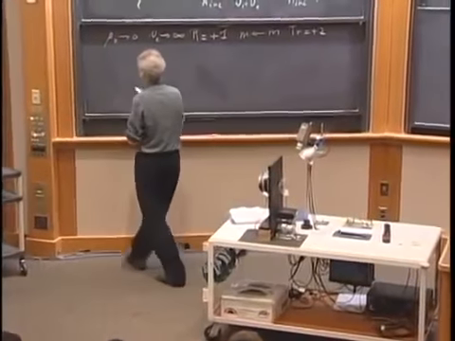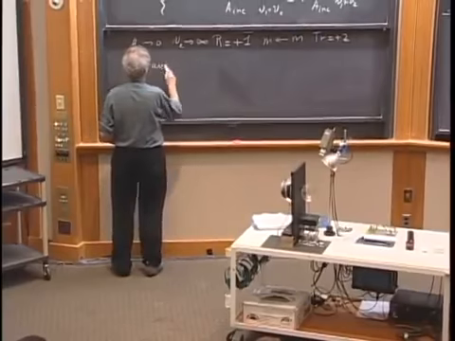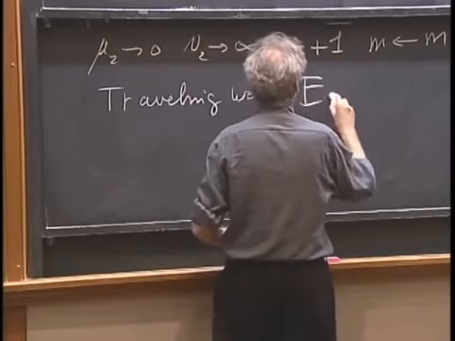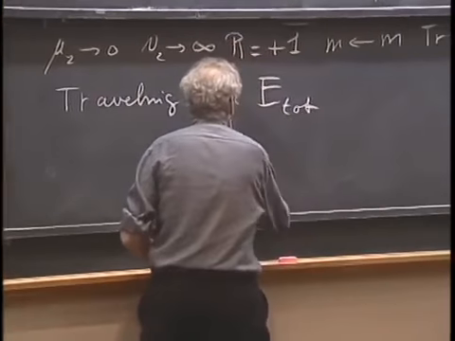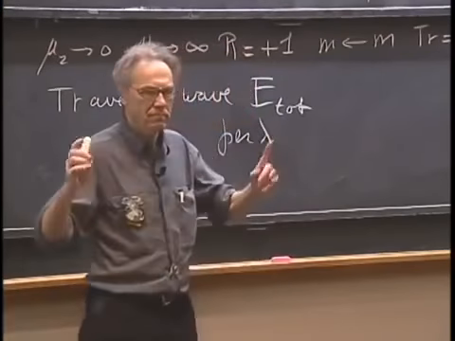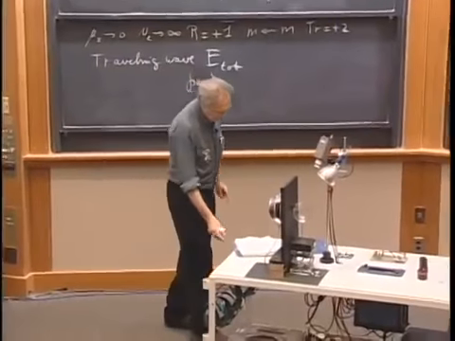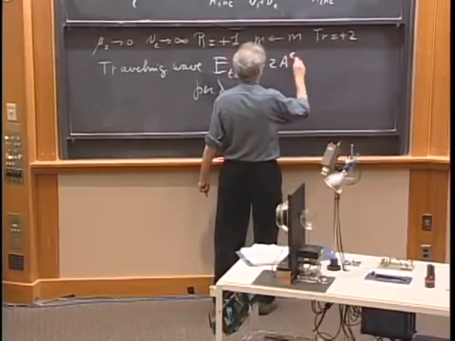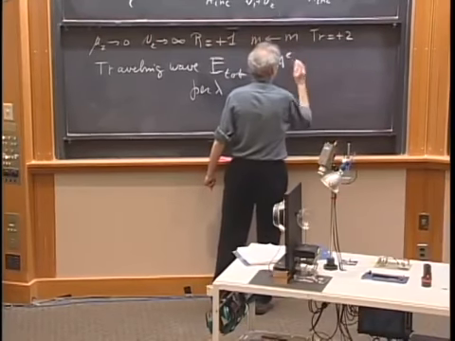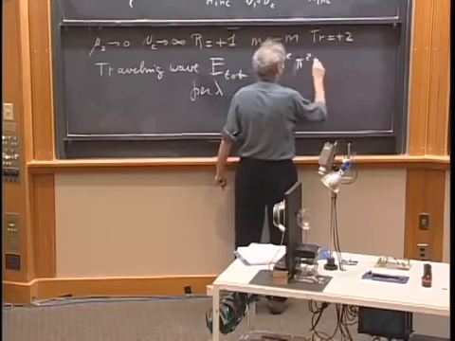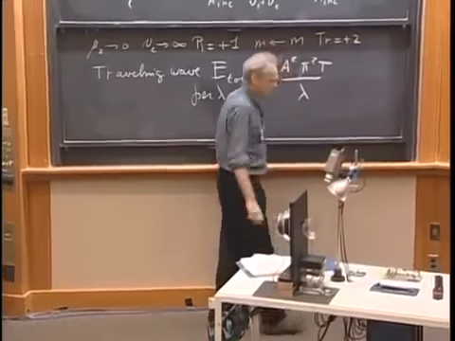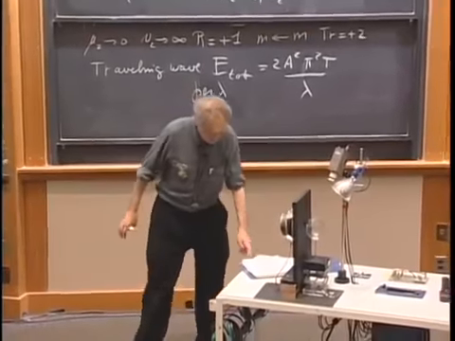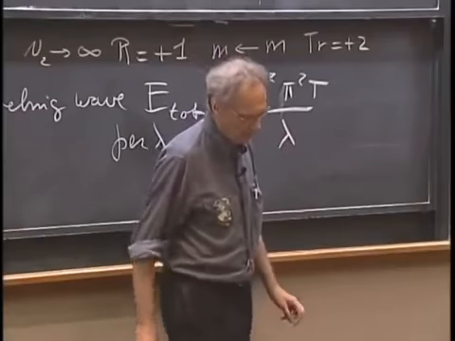Do you remember when we have a traveling wave that the total energy per wavelength lambda, I only did it per wavelength, equals 2a squared times pi squared times the tension T divided by lambda. A was the amplitude. Energy is always proportional to amplitude squared. This was the tension, and this was the wavelength.